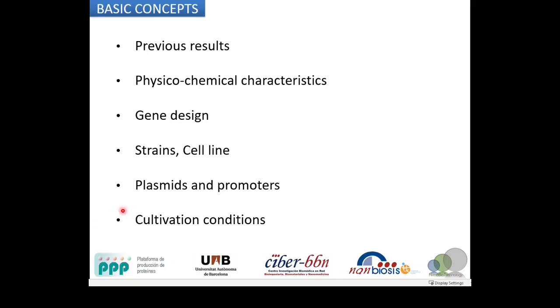Finally, it's important to take into consideration the cultivation conditions that are going to take place in the process in order to obtain a screening of the best condition for the production of the protein.